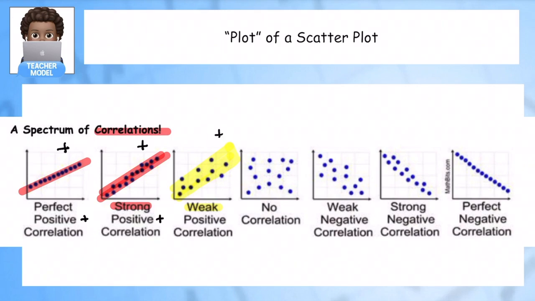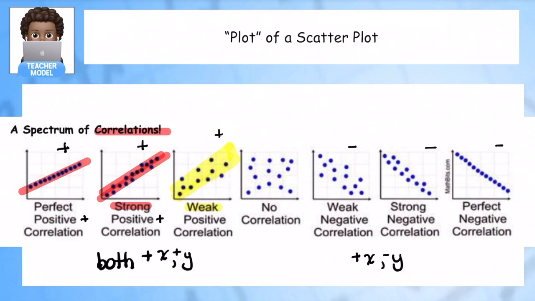And with our negative correlations, we have a decrease, meaning it looks like our slopes are going down. Our story is decreasing. As one increases, the other decreases. So here in a positive, they both increased. So as X increased, Y increased. But with our negatives, as our X increases, our Y's are going to decrease.